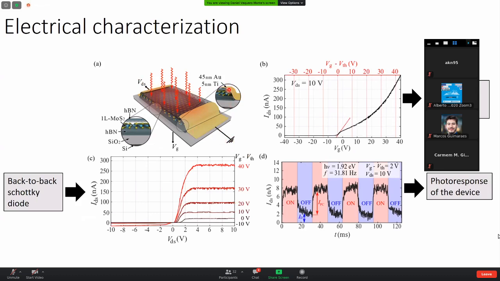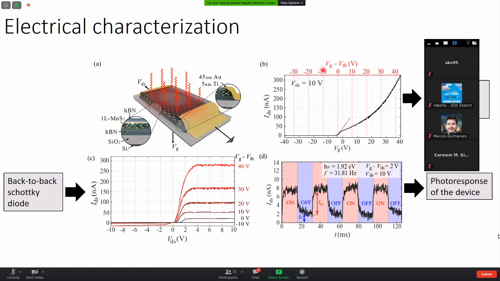In this zoom, we have the geometry of the contacts, that are edge contacts made of titanium and gold. And here in this zoom we have the structure of the two-dimensional phototransistor.